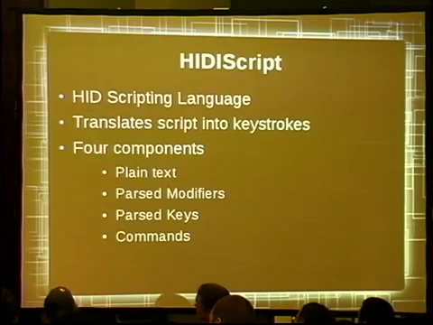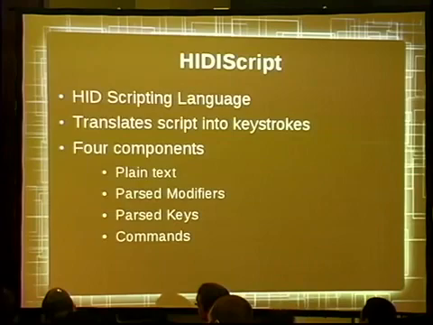So these special modifier keys, when they're in sequence with either themselves or another key, mean something else. So those are a little more significant in the language. Then you have what are called just regular parsed keys. All the other keys on the keyboard, when you hit them, they do something, or they do something in combination with the modifiers. And then I have commands, and I'll just demonstrate what that is.